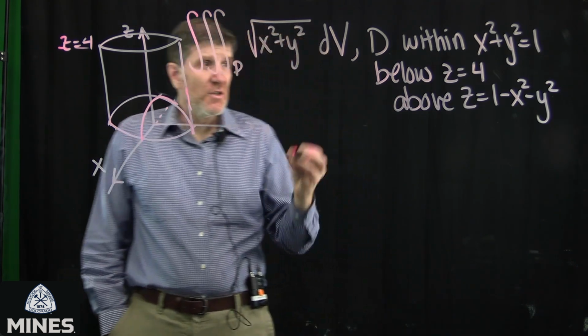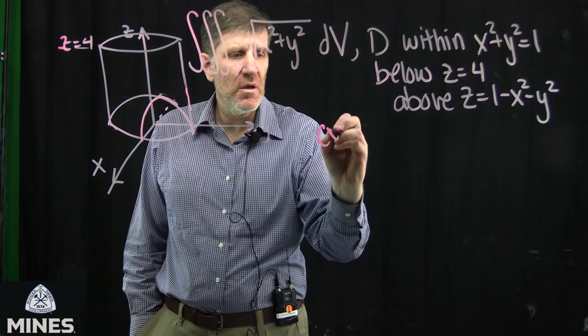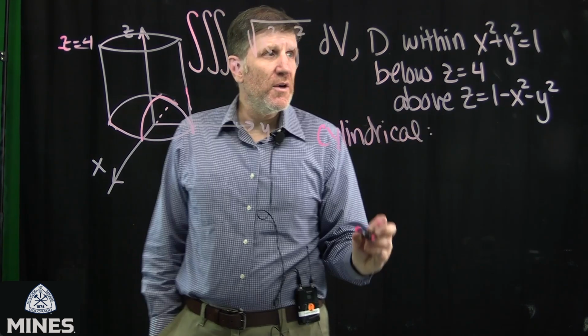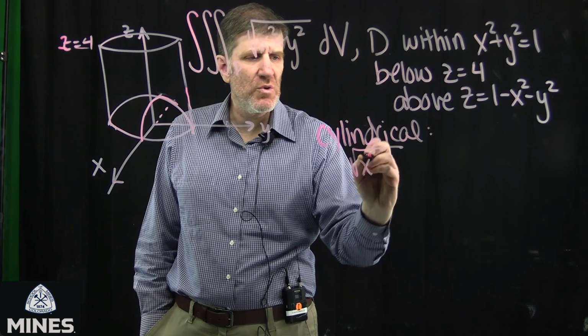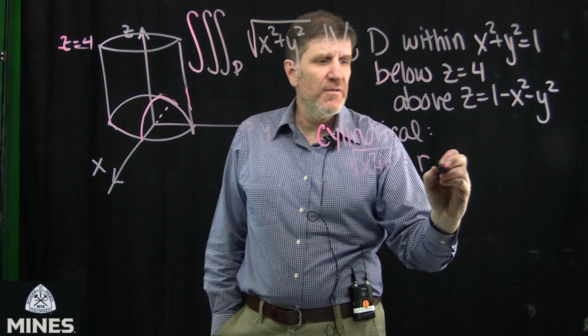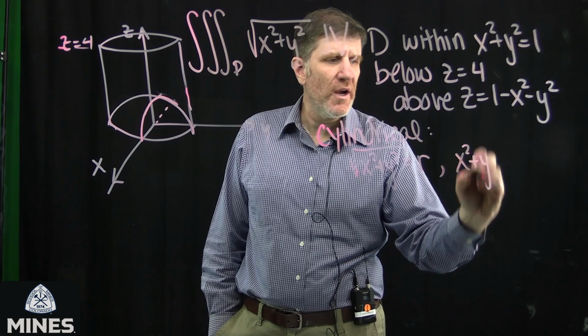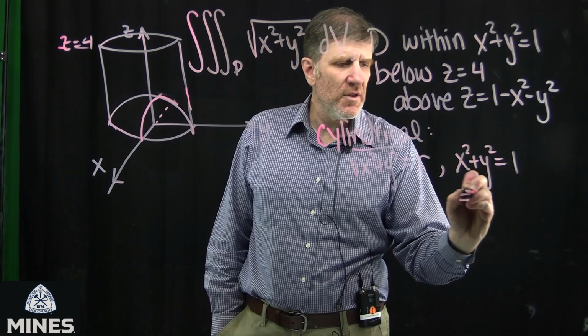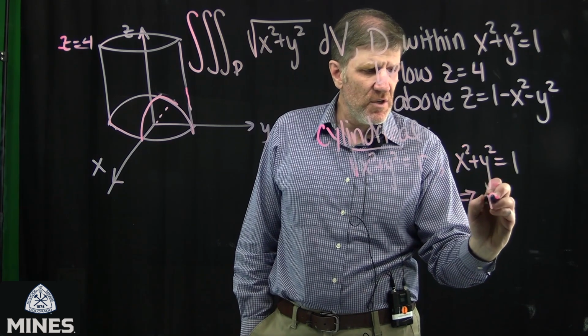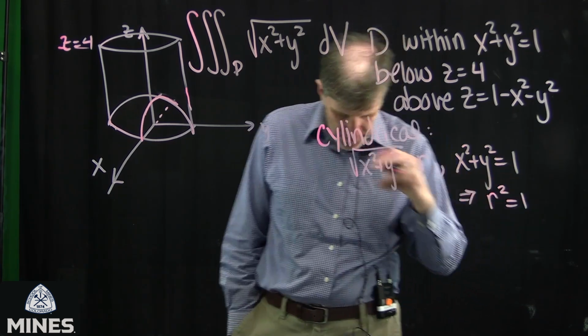So in cylindrical coordinates, right, we have square root of x squared plus y squared is just r. We have x squared plus y squared equals 1. The surface defining our solid anyway is r squared equals 1, right?